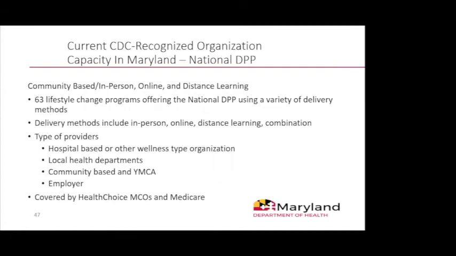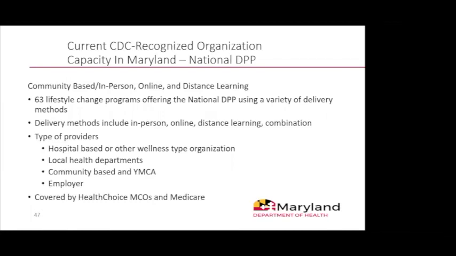In Maryland, there are currently 63 programs offering the National DPP via in-person, distance learning, or online. And providers are generally small community-based organizations, large hospital systems, local health departments, and other types that are sprinkled in between there.